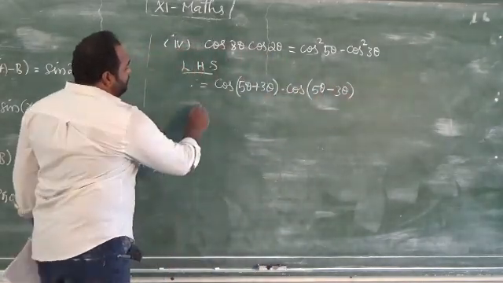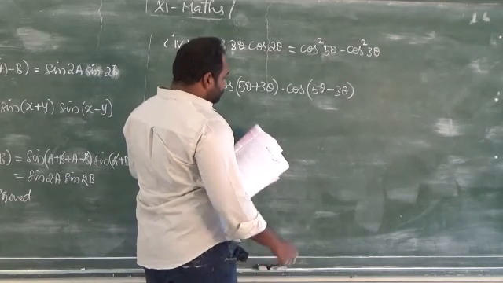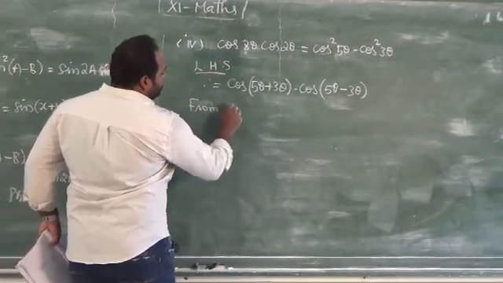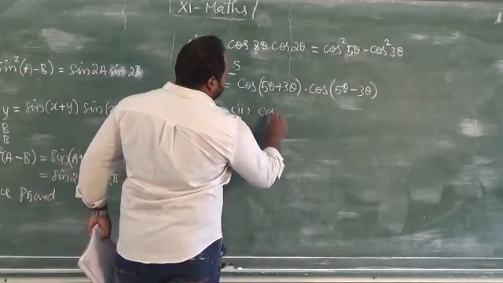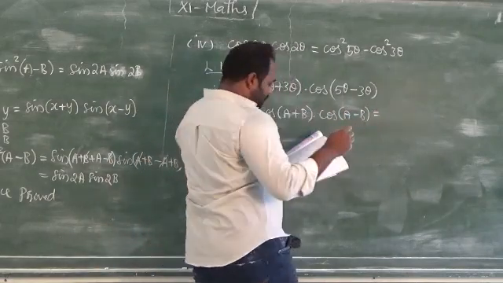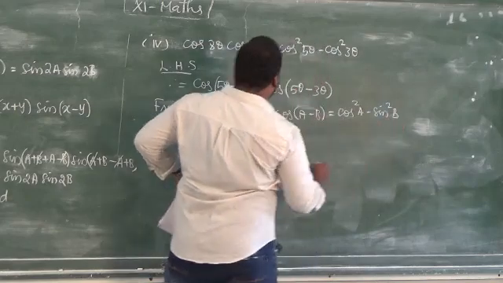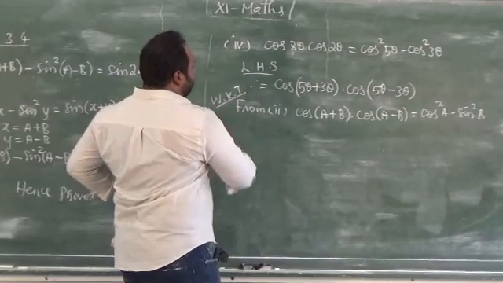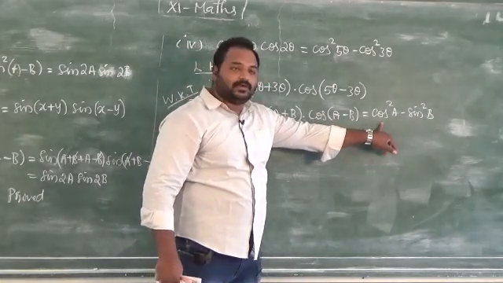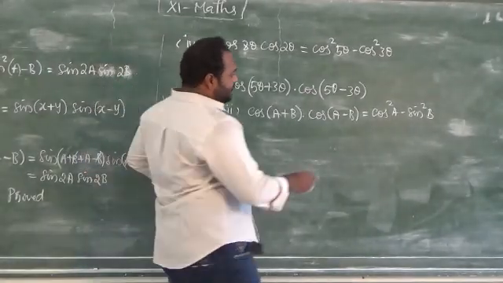After splitting this, from the second subdivision we have found cos of a plus b into cos of a minus b can be written as cos square a minus sin square b. Already we have proved this property.